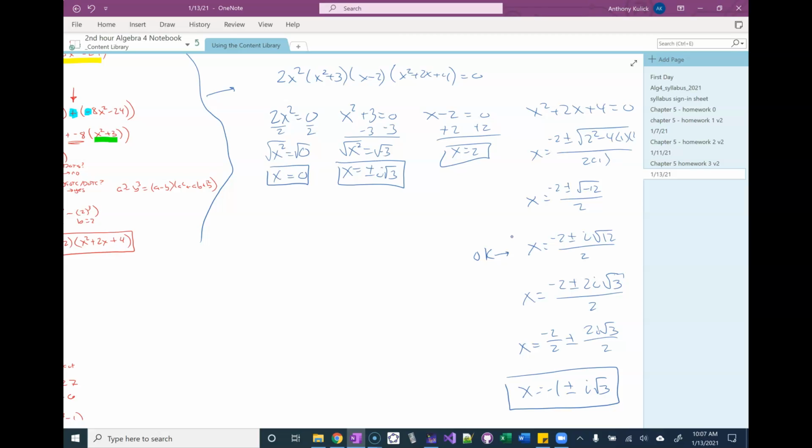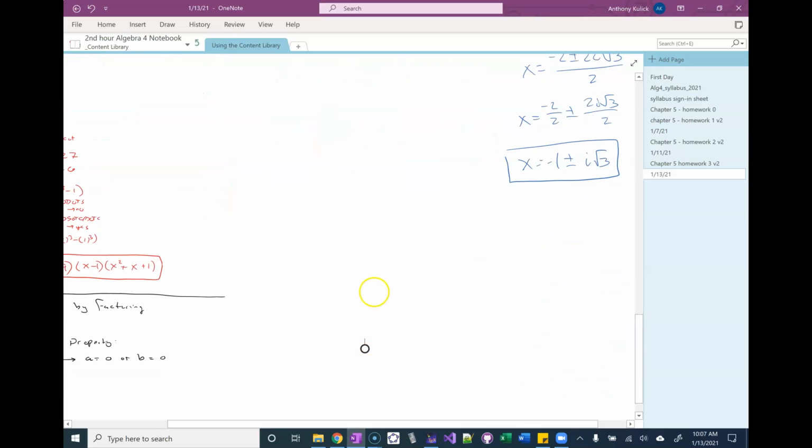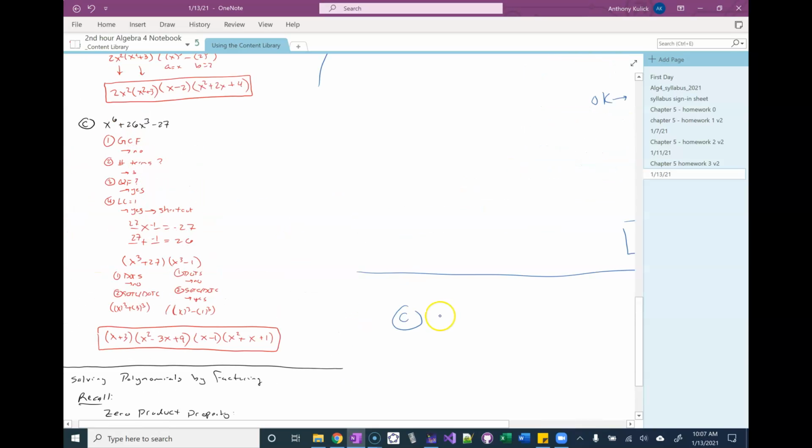So far, so good? Okay, the worst case scenario is when we have to do that full quadratic formula on these. And our last one is this one. So again, we factor this.